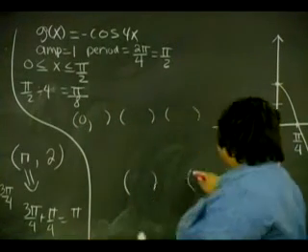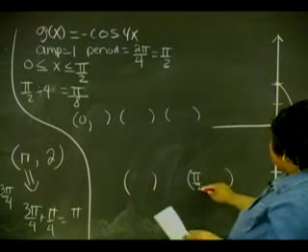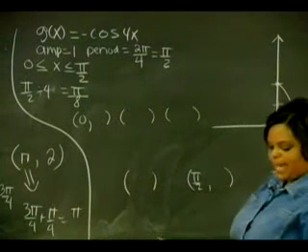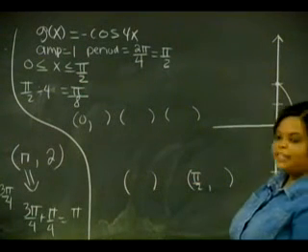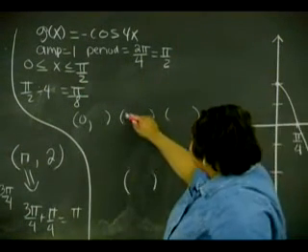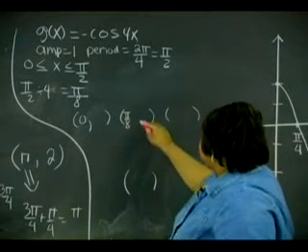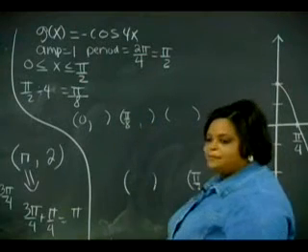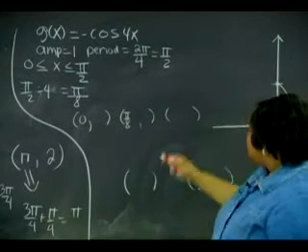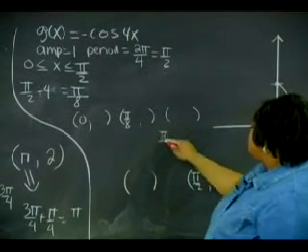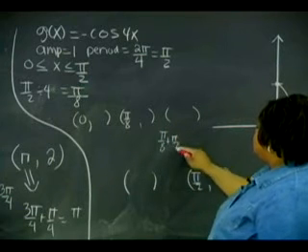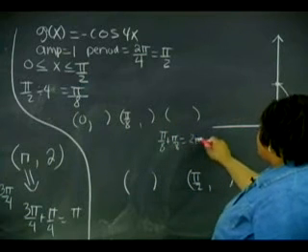And I'm going to end at pi over 2. But I have to add what? Pi over 8. 0 plus pi over 8 is pi over 8. Pi over 8 plus pi over 8 is 2 pi over 8, which is what?